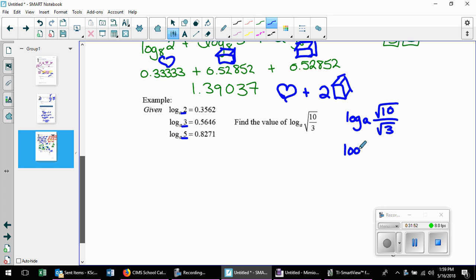Same thing as saying log base A of root 5 times 2 over root 3. I don't think we need a factor tree for 10, right? We might. Steve is the only person who does it. I've never taught it, and the only time it comes in handy is in that question with logs.